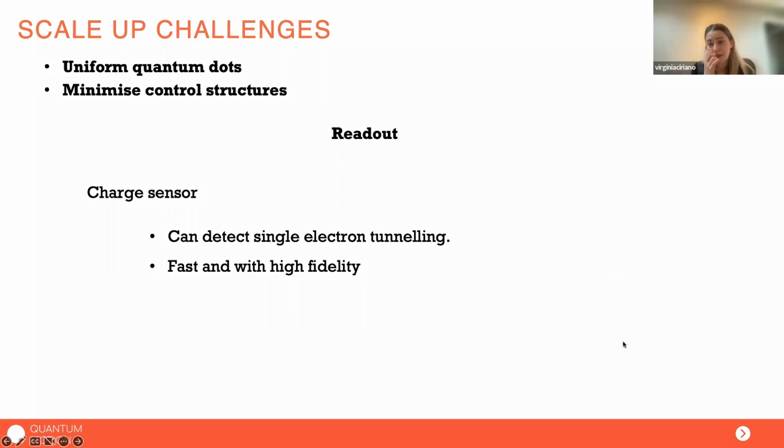Okay, so something that I didn't mention: before I just said that to read out a spin state, you need a charge sensor, but I haven't said anything about what a charge sensor is or how you would make one. The most common way is to use a quantum dot.